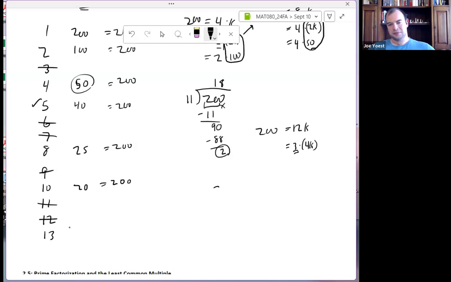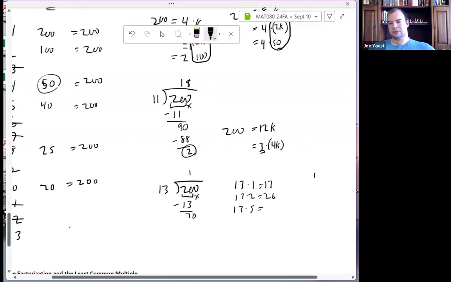What about 13? 13 goes into 20 once. 13 goes into 70 how many times? We might have to come off to the side here. So what would 13 times 5 be? 5 times 3 is 15. 5 times 1 is 5, plus 1 is 6. 65, we're almost at 70.